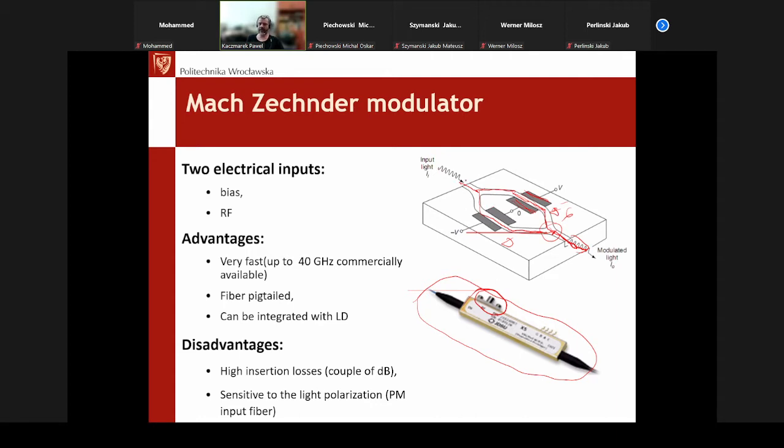Typically it can be connected with the laser directly: we can put a laser chip close to this structure and transmit the light from the laser directly to this planar waveguide, or we can couple the planar waveguide with an external fiber, but this input fiber is typically PM fiber because we need to control the polarization of the input signal. And then it allows us to have a constant-in-time characteristic of such a modulator.